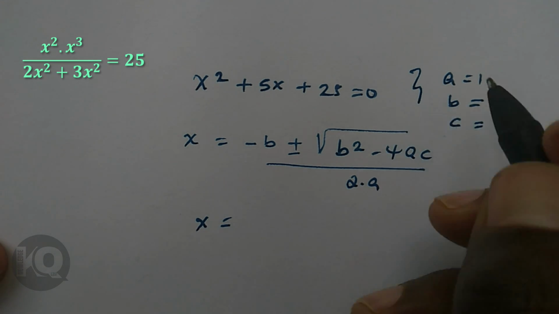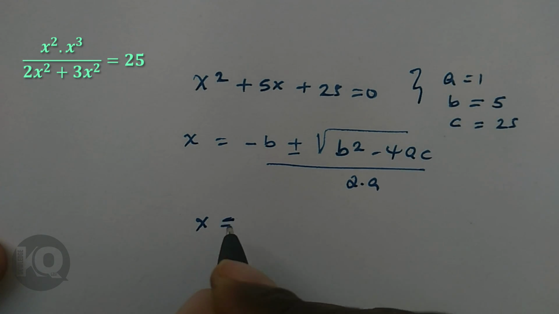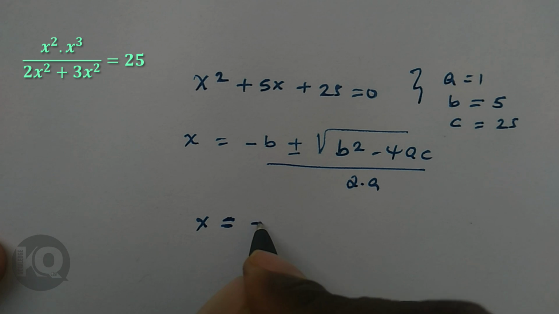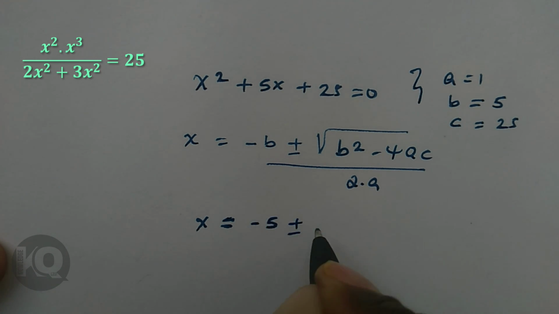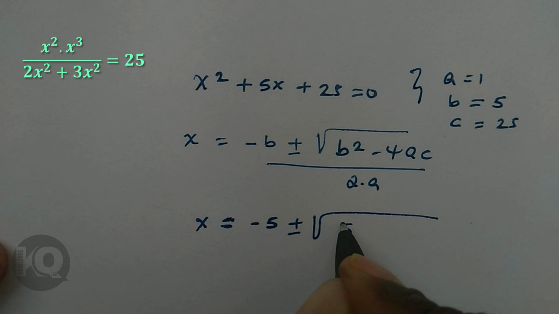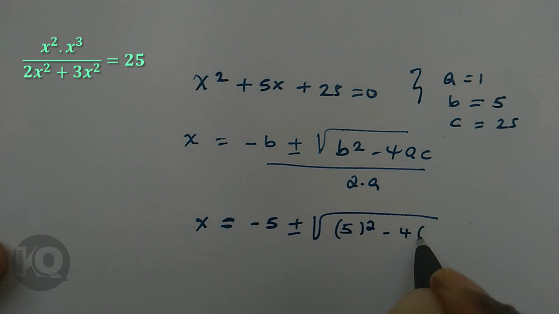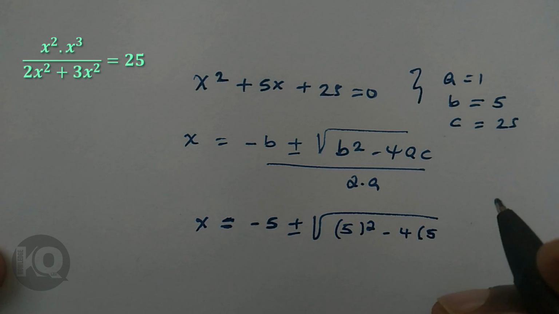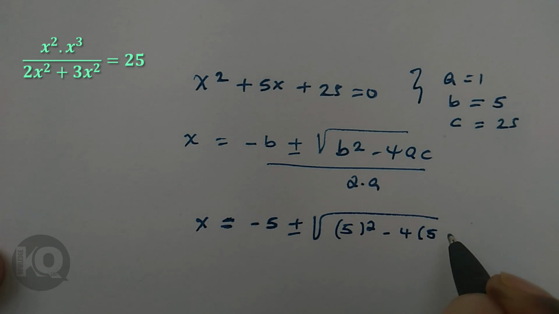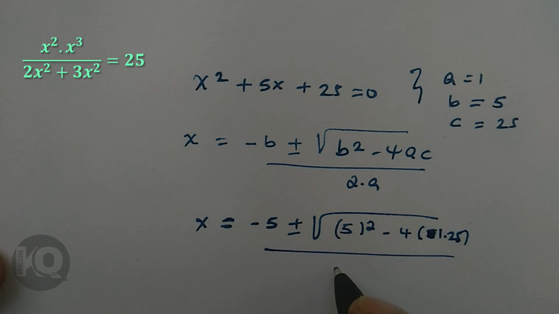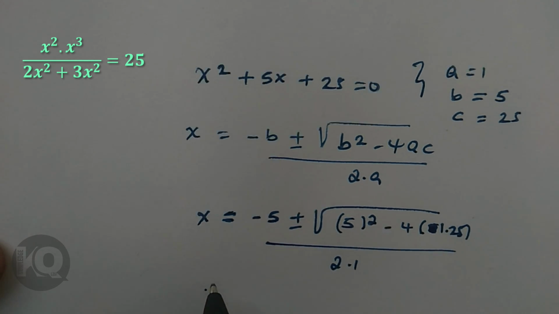So substituting these coefficients into the formula: minus 5 plus or minus the square root of 5 squared minus 4 times a, that's 1, times 25, divided by 2 times 1.